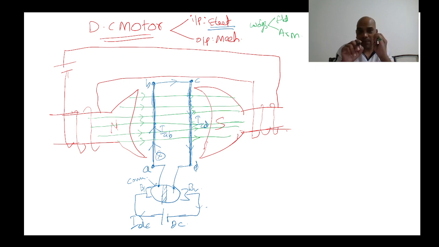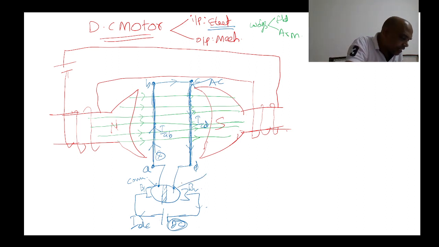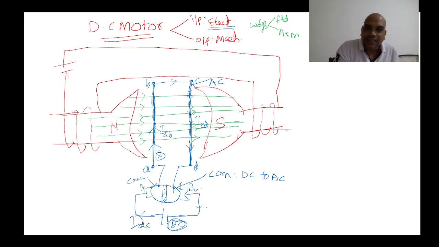So which type of current passes through the coil? AC. But what are we giving? DC. So what is the function of the commutator? It converts from DC to AC. The commutator converts from DC to AC.